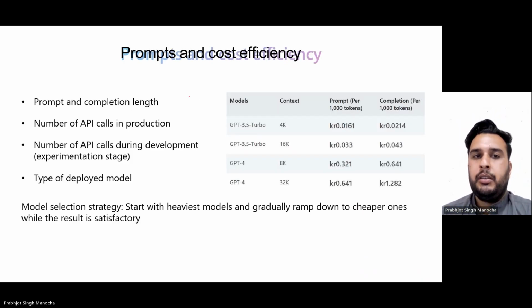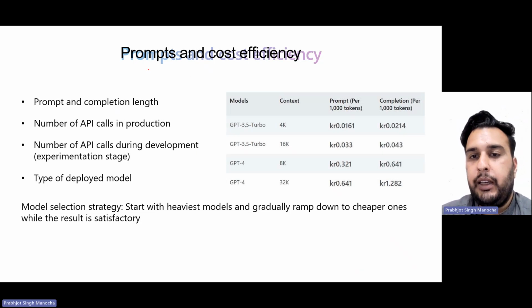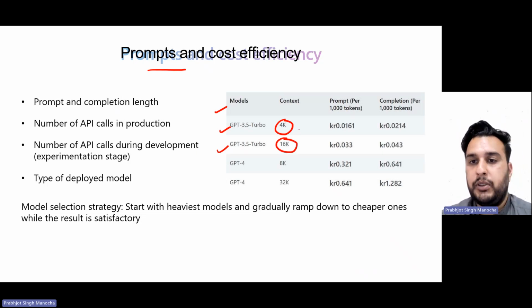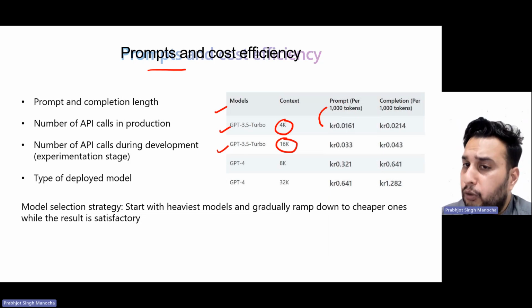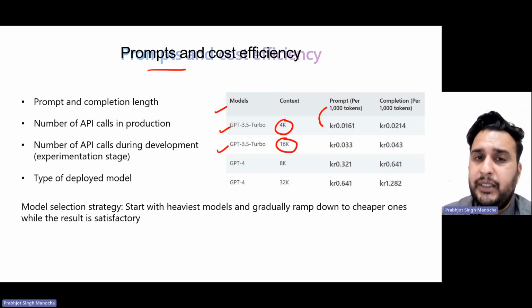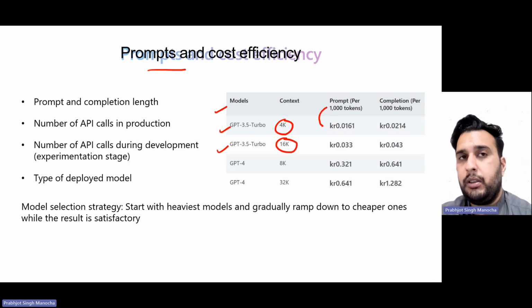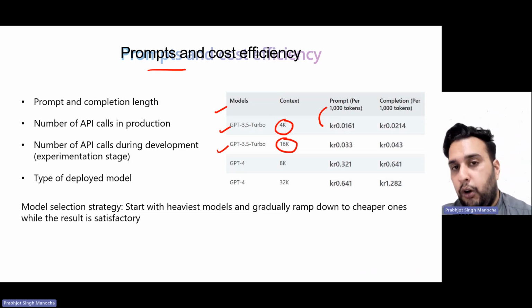The prompts and cost efficiency: there are different models like GPT-3.5 Turbo with different contexts, like 4,000 and 16,000. There are different prices per thousand tokens, and each uses a different cost to run that model. This is why we want to generate more accurate output, because cost is one key factor.